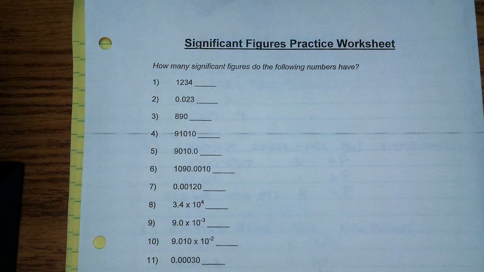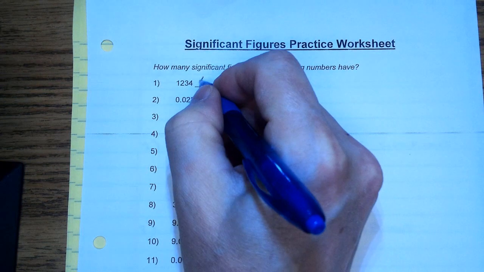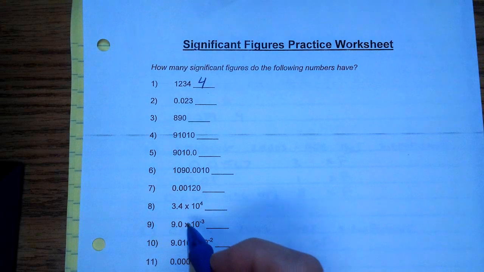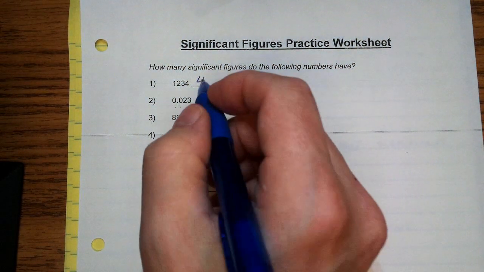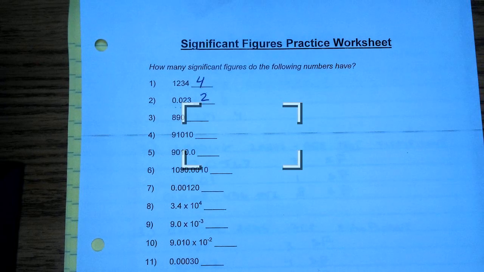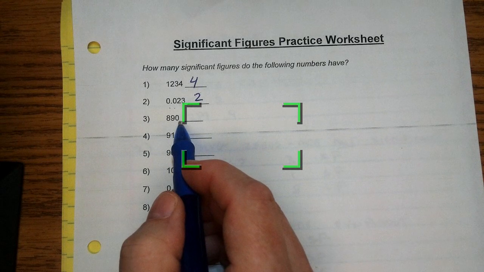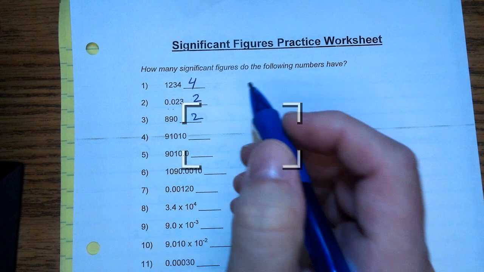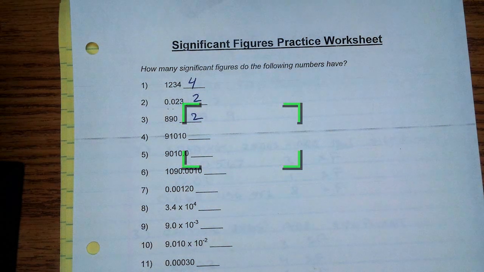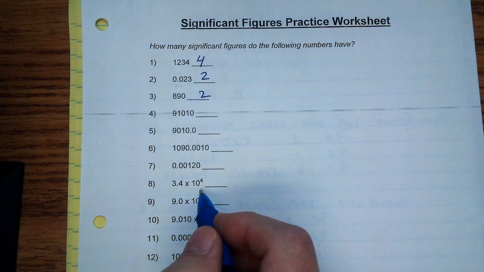So right now, we know that all these are numbers, so there are 4 significant figures here. Here we got leading zeros in front, so they don't count. So we got 2 sig figs here. We have 890. That's a trailing 0, but there's no decimal in it, so we have 2 sig figs there. I'm going to skip down to number 8, 3.4 times 10 to the 4th power.